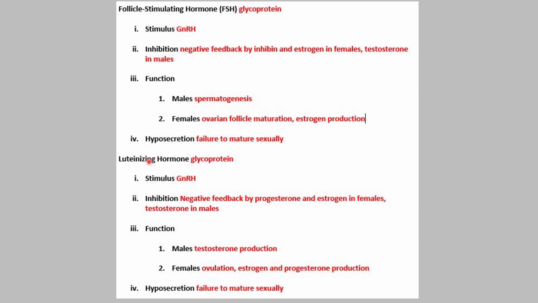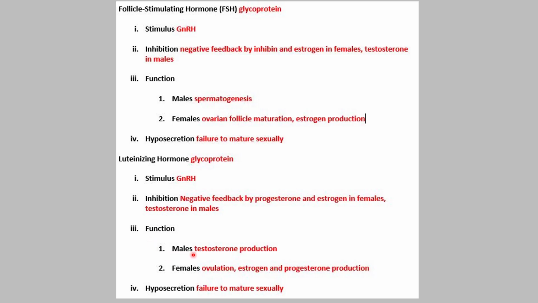Luteinizing hormone, LH, also a glycoprotein, is also stimulated by GnRH, like we just said. It's also inhibited by negative feedback, but a little bit different. In females, it's progesterone and estrogen. In males, it is still inhibited by testosterone. So what's the function?